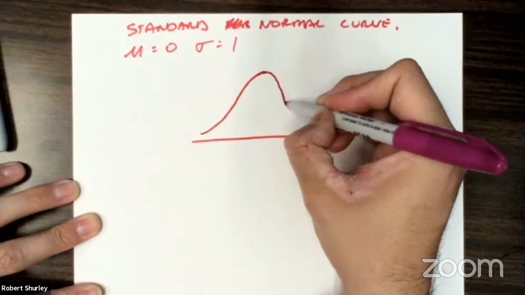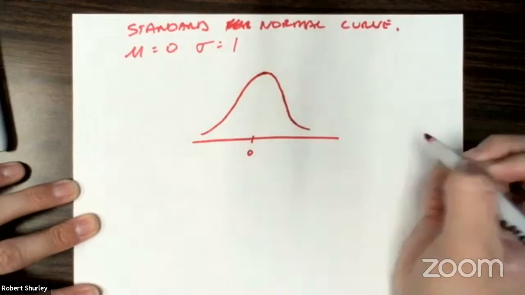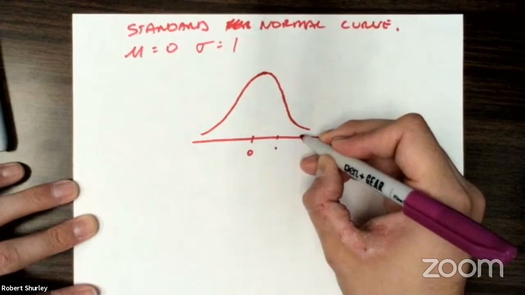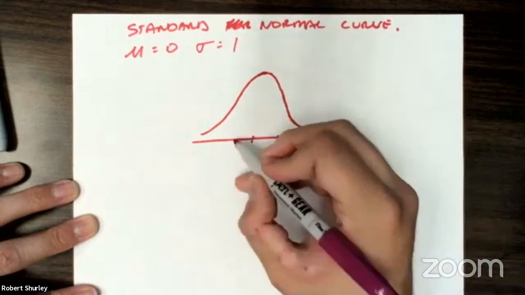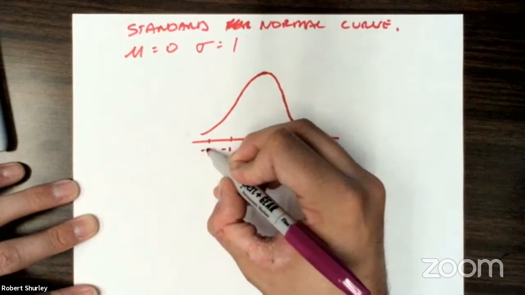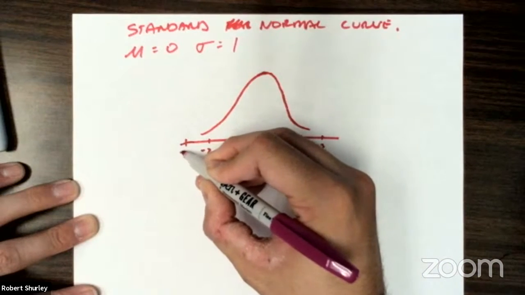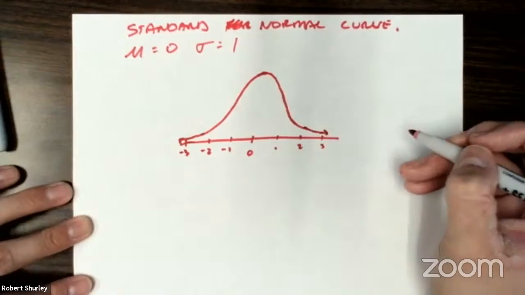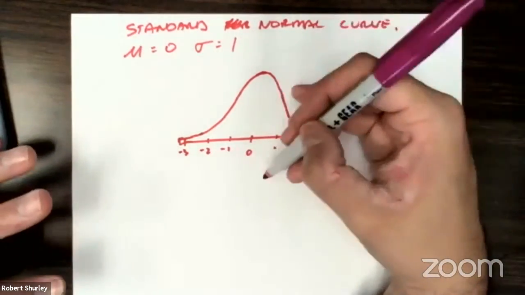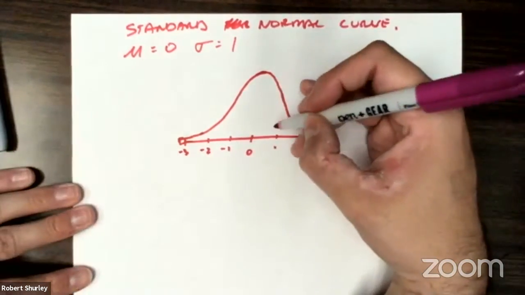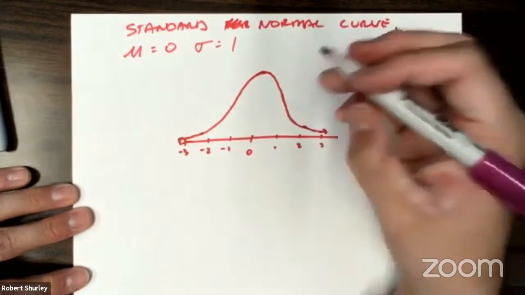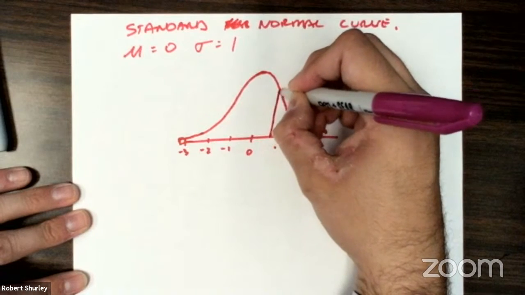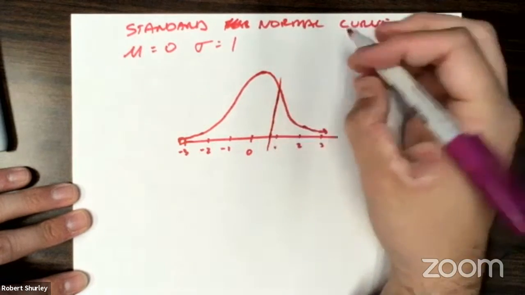Let's say you were given a standard normal curve. So that means we're centered at 0, right? And we have standard deviations of 1, -1, -2, -3. And let's say we're going to make a slice here. We're going to slice it at 0.75. Why not? Right there.